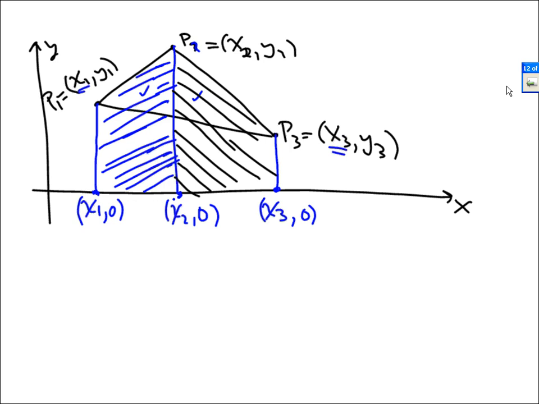The only problem is I have too much. I need to take away what's in here and in here.